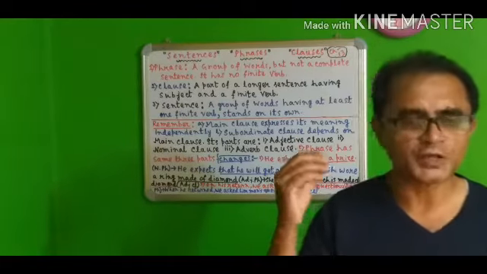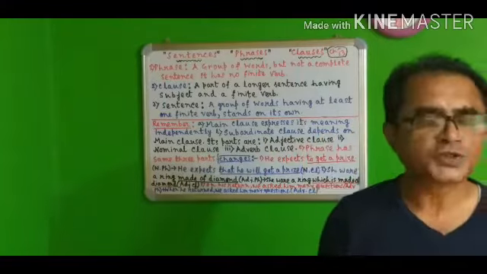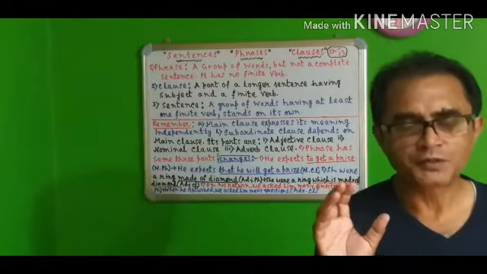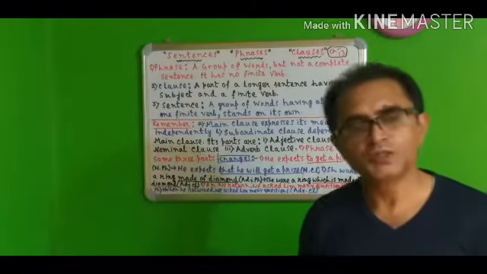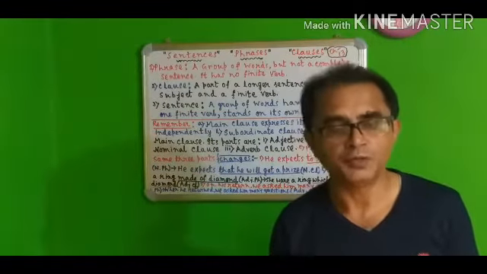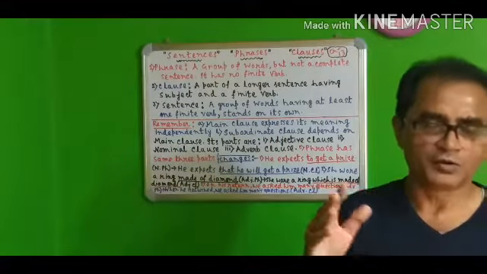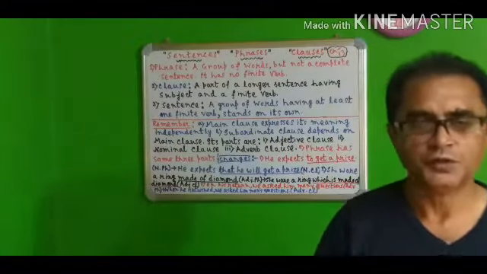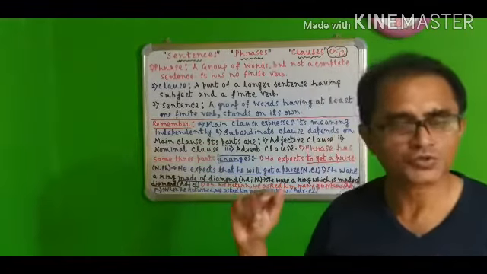When the clock strikes 9, this part qualifies the verb stop. When the clock strikes 9, then what will happen? I will stop teaching. Stop is the verb. So this part, when the clock strikes 9, qualifies the verb stop.